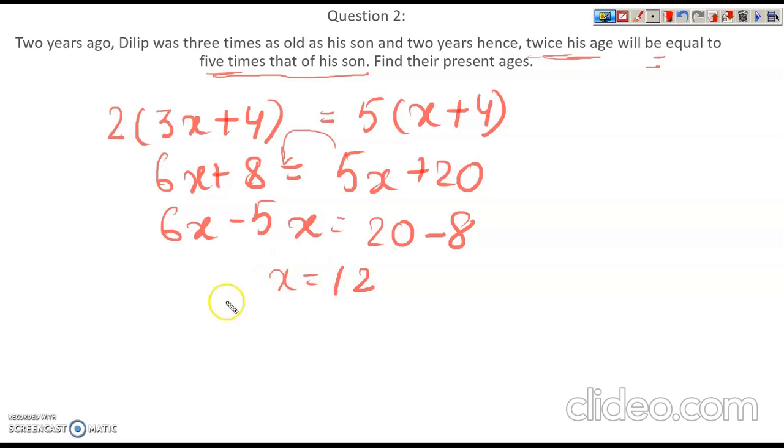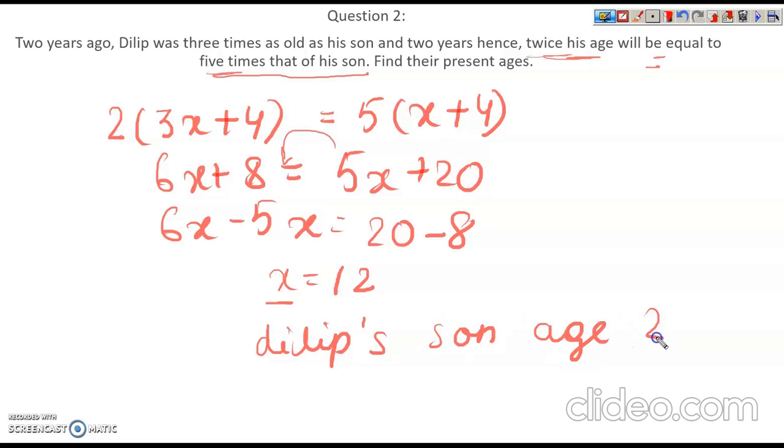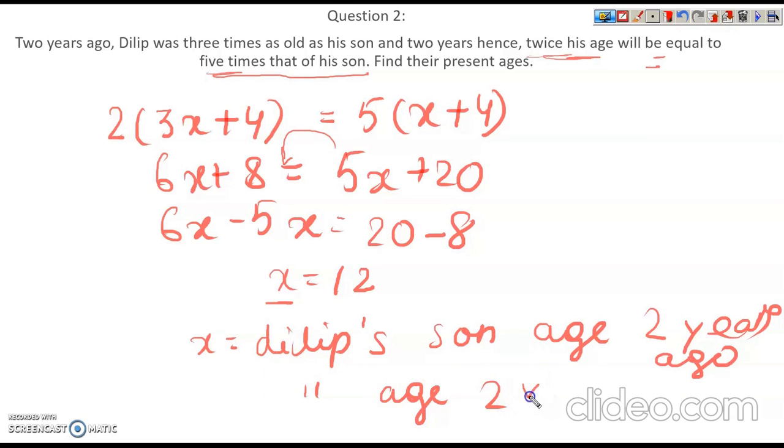So x is 12. That means we took x as Dilip's son's age 2 years ago. And Dilip's age 2 years ago is 36, because it was 3x, then 3 times 12 is 36. But we should find the present ages.